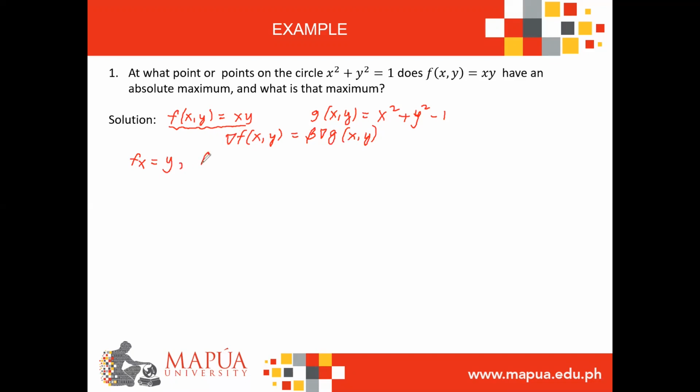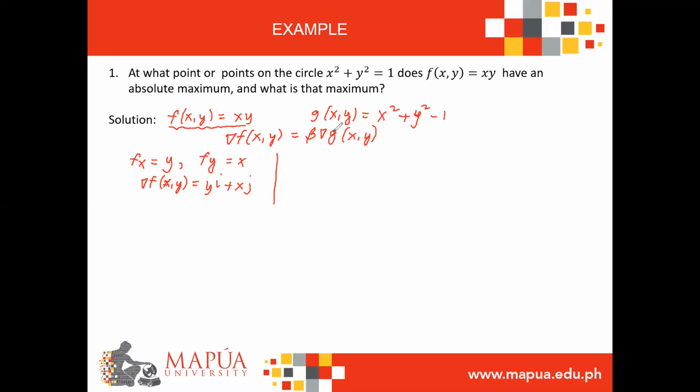Then the partial derivative with respect to y: copy the constant, which is x, then the derivative of y is 1. So gradient f evaluated at xy is equal to yi plus xj, which comprises our gradient f of xy.